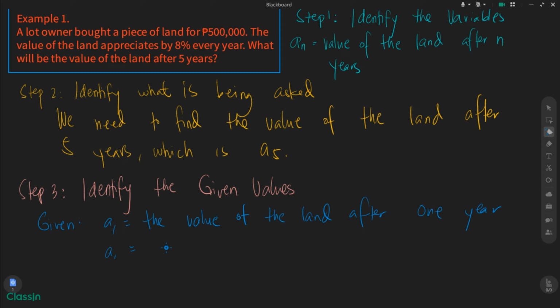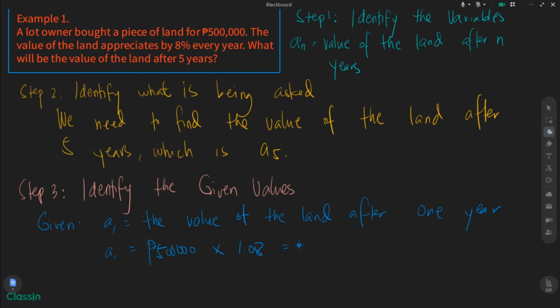So how to do that? Let's multiply the 500,000 pesos by the rate, which is 8% every year. So if we put the 100% itself, that is a totality of 1.08.